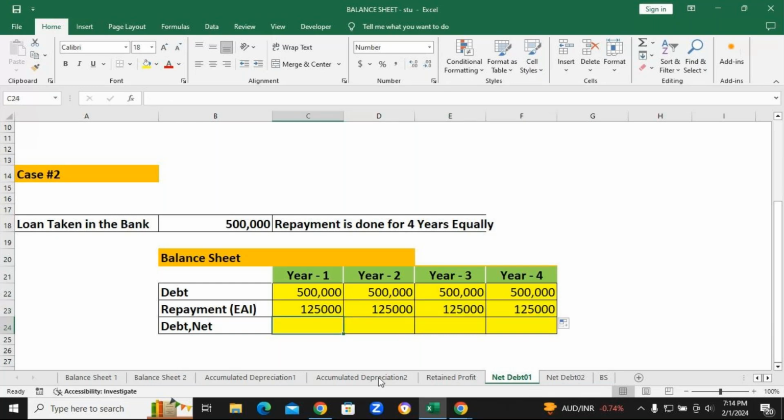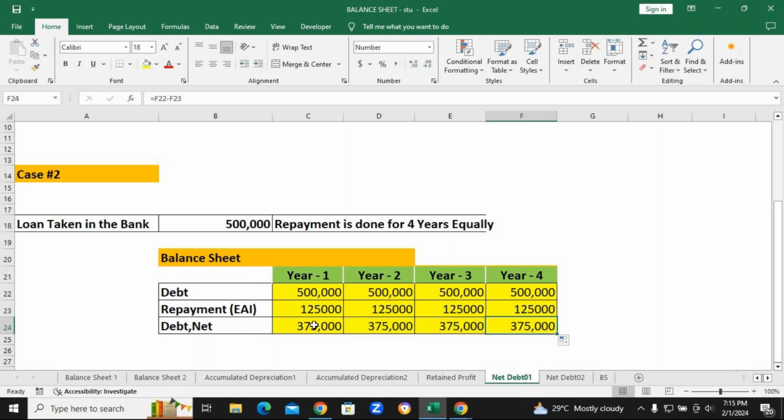Now if I am making the payment as such, at the end of the first year, how much amount will be remaining? C22 minus C23, that is my debt minus the repayment, that is my EAI. So the first year I am going to clear 3,75,000. At the end of the fourth year, the entire amount will be cleared.